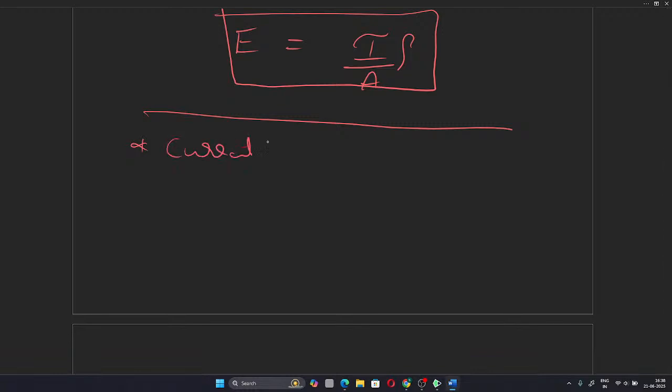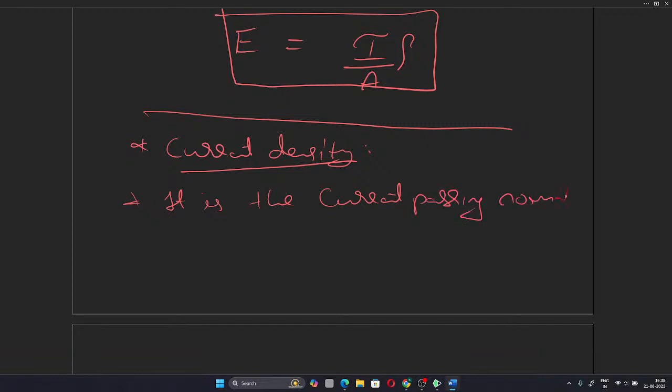Current density. It is the current passing normally to the area of cross section of a conductor.